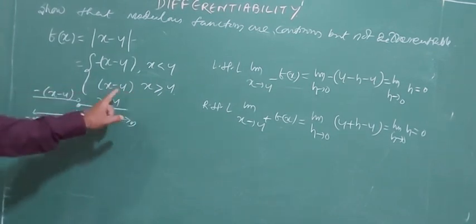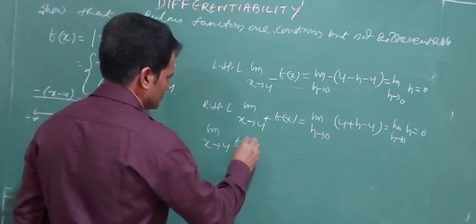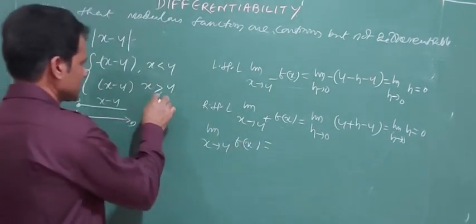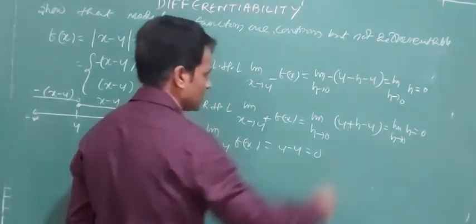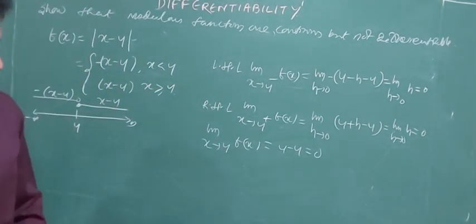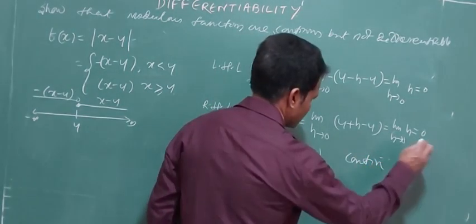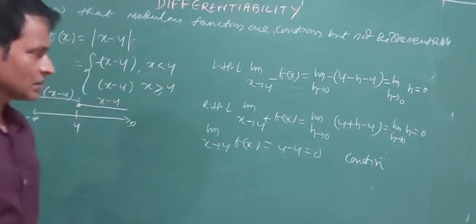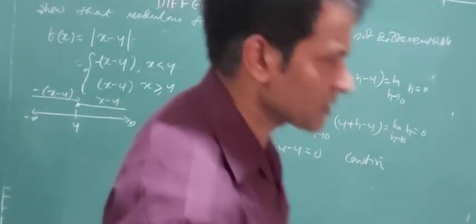At the point also directly replace 4, so 4 minus 4 is 0. All three are equal and it is continuous. So the modulus function is continuous. Then we will go for differentiability.